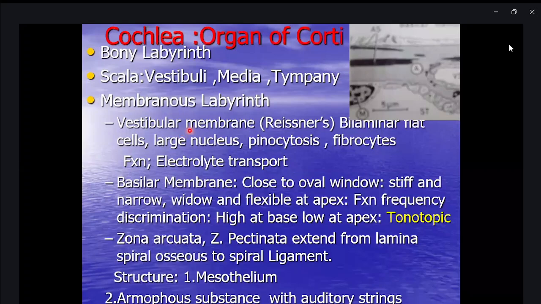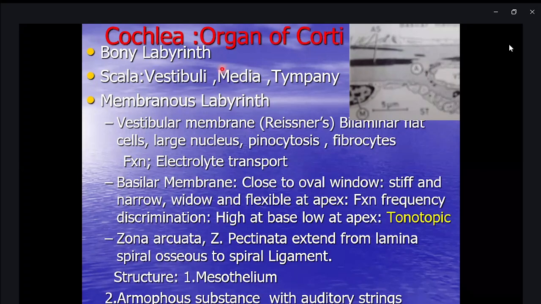Above the vestibular membrane, we refer to that as the scala vestibuli. Between the vestibular and the basilar membrane, we refer to that as scala media. And then below the basilar membrane, we refer to as the scala tympani.